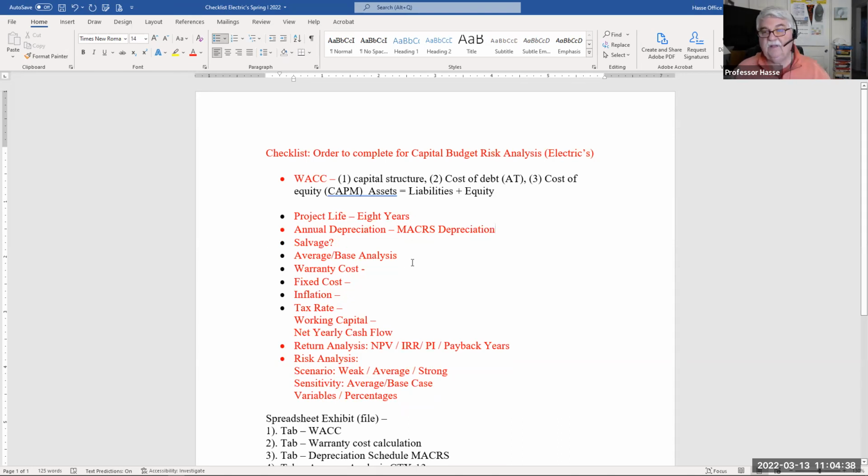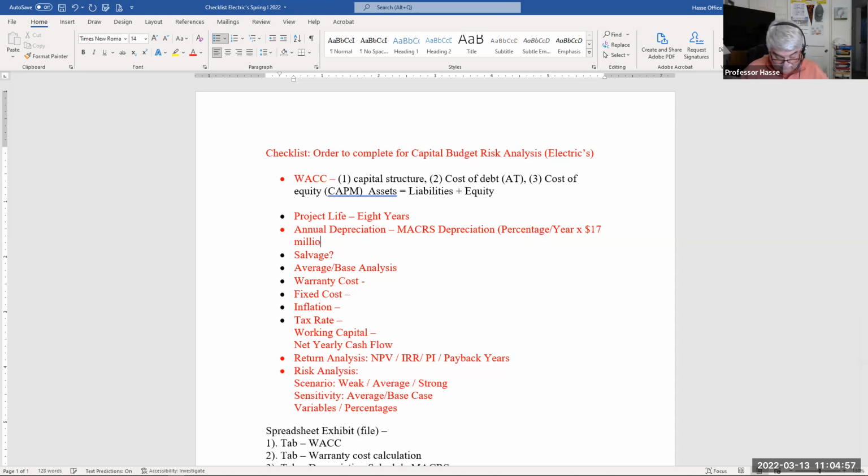And that MACRS is another way of calculating depreciation. It's just taking a percentage per year times the asset value of the investment. And we are given in Exhibit 3 that the asset value is $17 million.